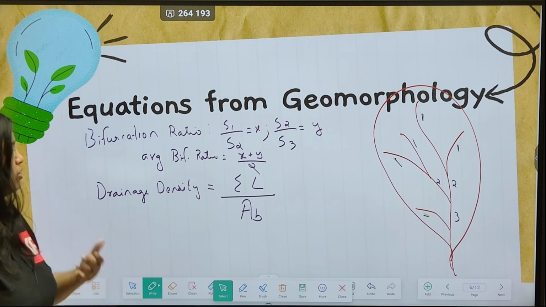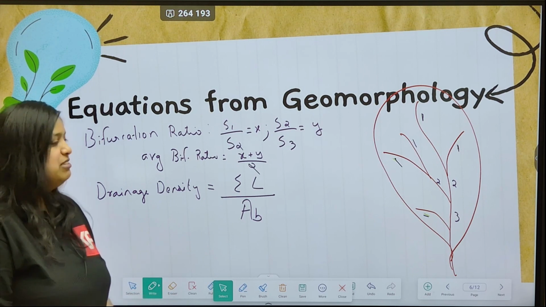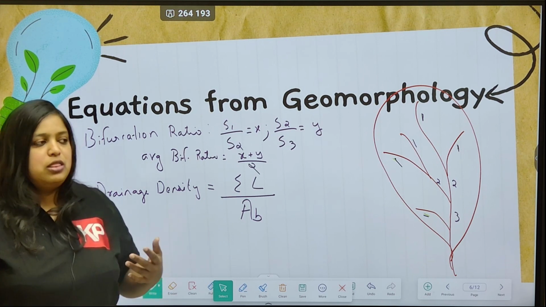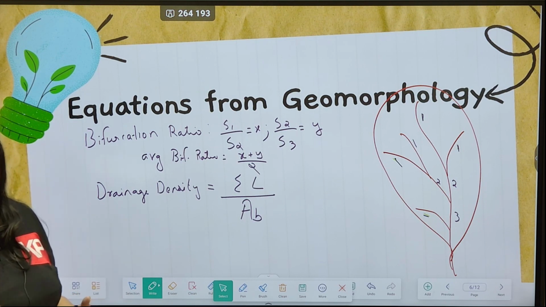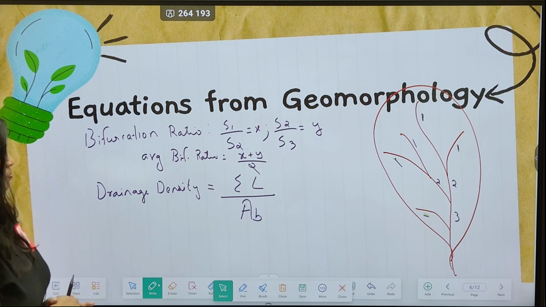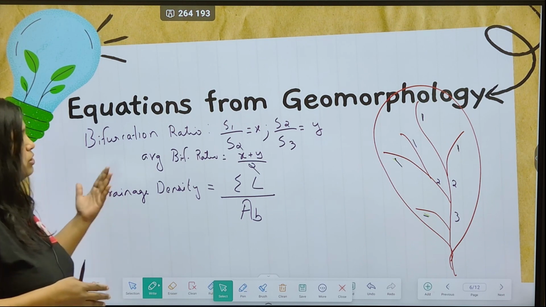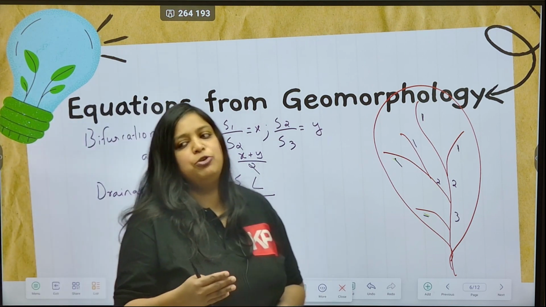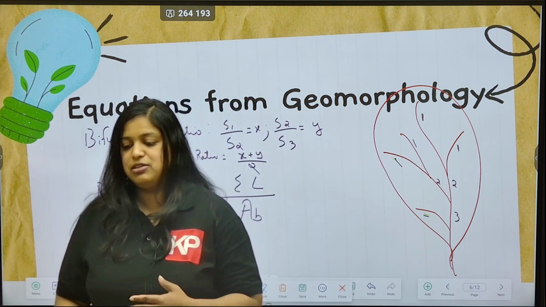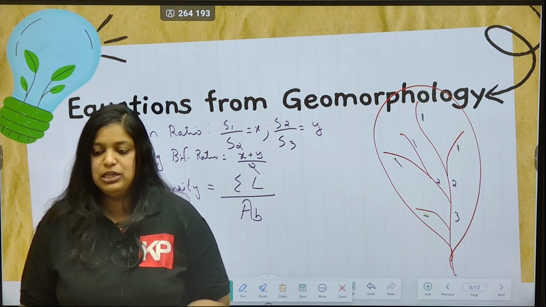There are other terms, like relief ratio, ruggedness number, elongation ratio and circularity ratio, but not many questions have come from those terminologies. These are the major equations for the GATE examination. Other than this, there are a few terms you have to look for in the NET examination also, for example the hypsometric integral, which is very important.